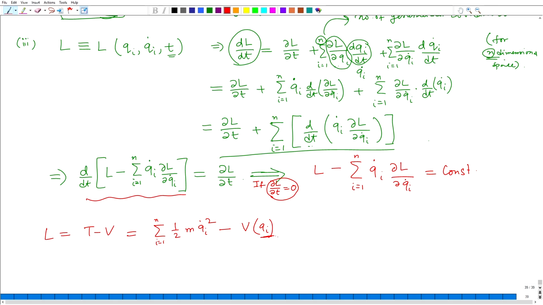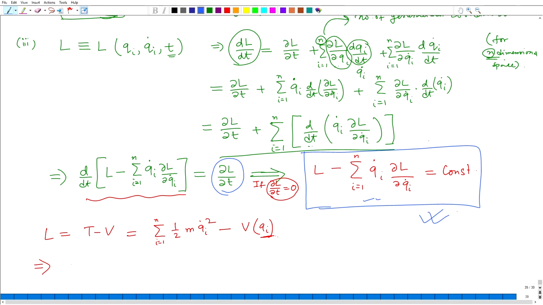If I write this, then first I highlight that this will be constant when ∂L/∂t is 0. That means your Lagrangian does not explicitly contain any time, but what will be this one?